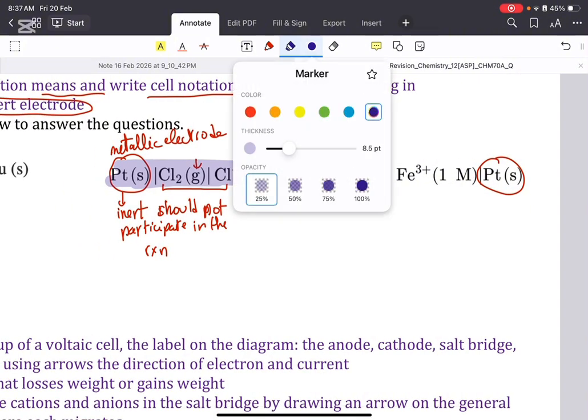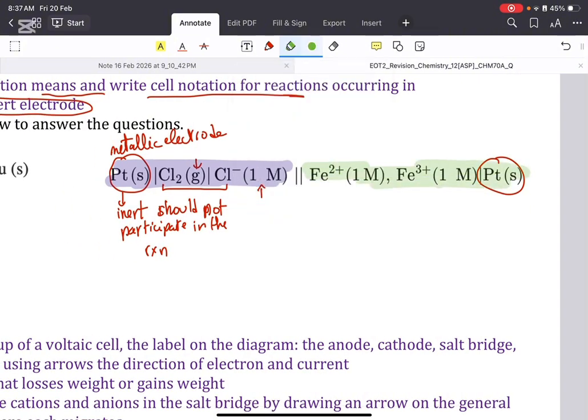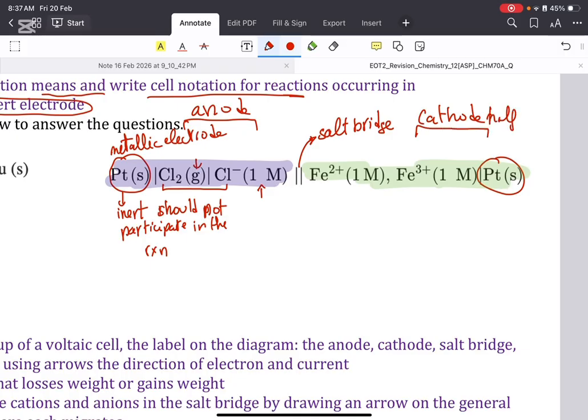Now, if I move on the other side, after what we call the salt bridge, we have the cathode. So this is the anode compartment and this is the cathode half cell. Here I'm also going to say cathode half cell. So since this reduction is occurring between Fe and Fe3+, I think it has to be the opposite.